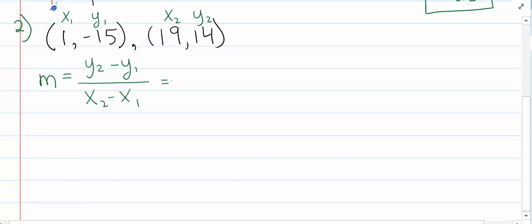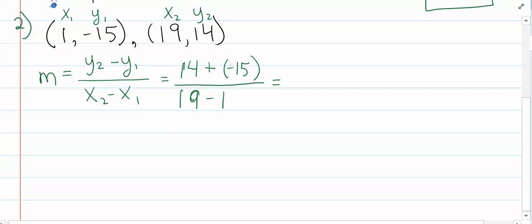So y2 is 14, y1 is negative 15, all over 19 minus 1. On the top, remember when we subtract, it's really just adding the opposite. So it's going to become 14 plus 15, which is 29, all over 18. We can't reduce it, so there is our final answer.